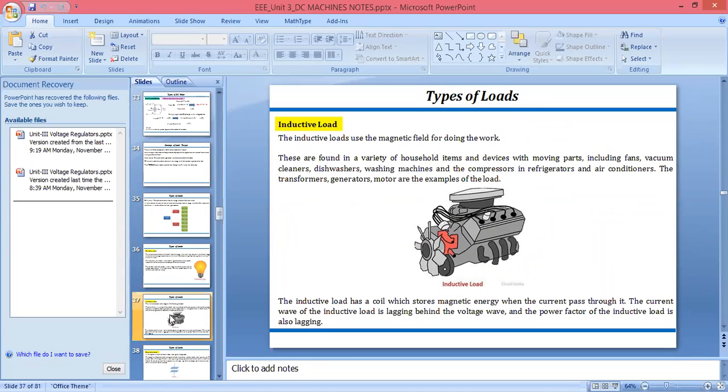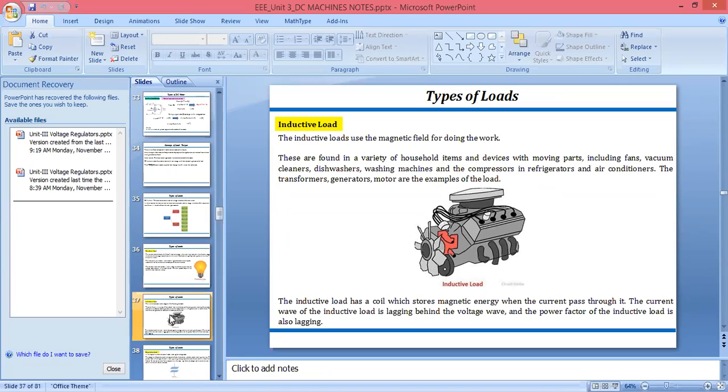We know that when there is the concept of inductor, there will be the concept of coil, and as there is a coil, there is a concept of magnetic flux, because when you give the power supply, that conductor will be cut by the magnetic flux and EMF will get induced according to Faraday's law.